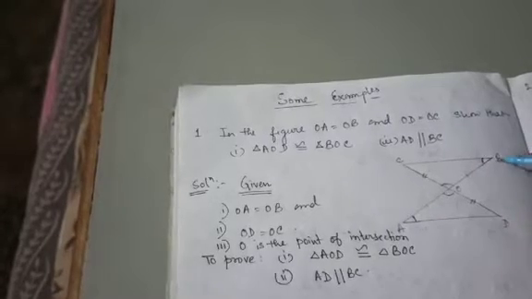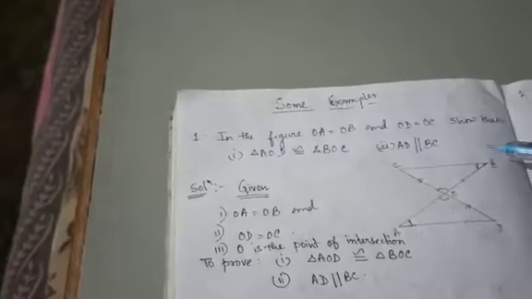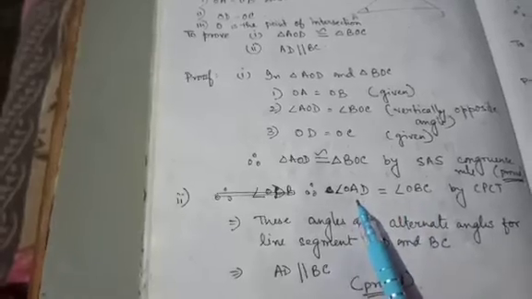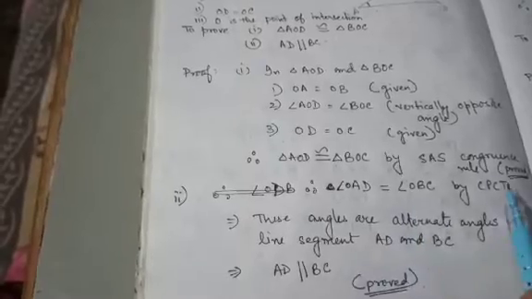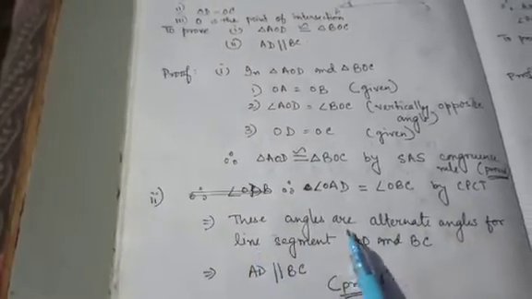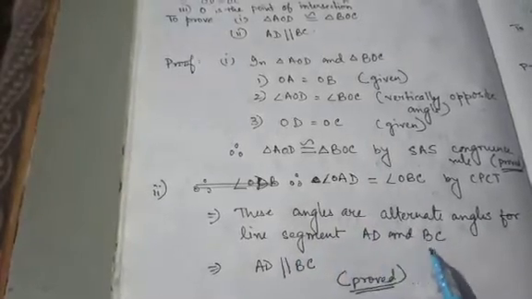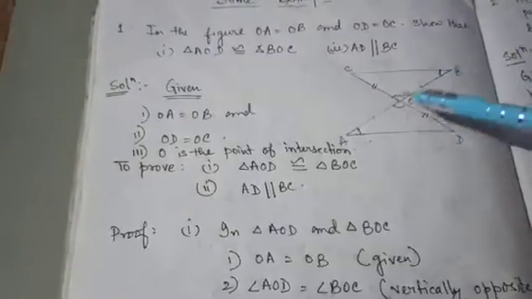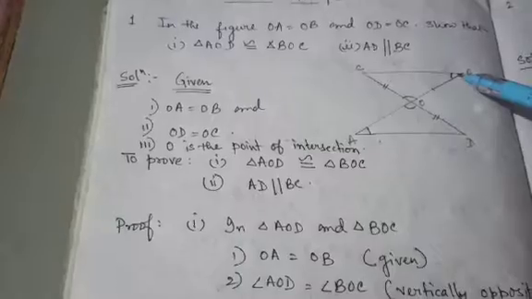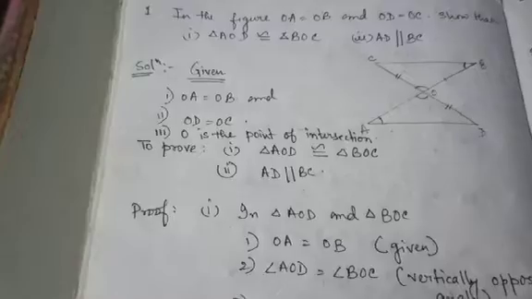That means angle A and angle B are equal. Similarly, angle D and angle C are equal, as well as the sides are also equal. So after proving congruency, we are taking angle OAD is equal to angle OBC by CPCT. These two angles are alternate angles of the line segments AD and BC. So if we see the lines AD and BC, we can say that angle A and angle B are alternate angles if AB is the transversal.